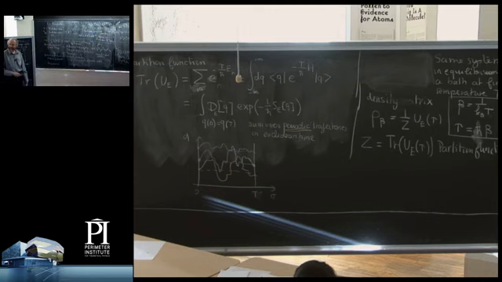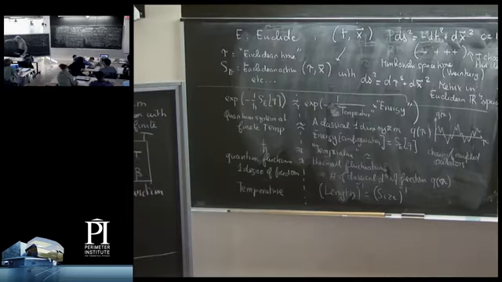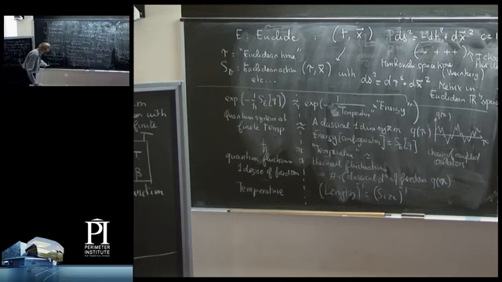So this is the last element of the dictionary. The higher the temperature of the quantum system, the smaller your ring is. And the lower the temperature of the system is, the longer the system is. Okay?